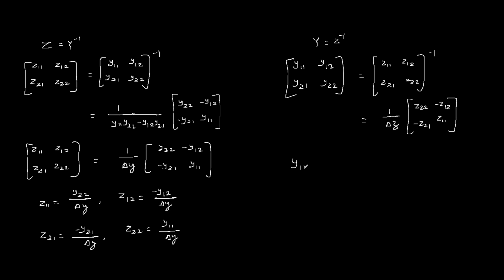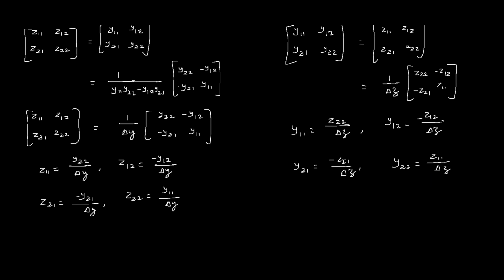So we can write y11 as z22 over del z. y12 is minus z12 over del z. Del z is determinant of that matrix, and y21 is minus z21 over del z, and y22 is z11 over del z. So in this way we can write y parameters in terms of z parameters.